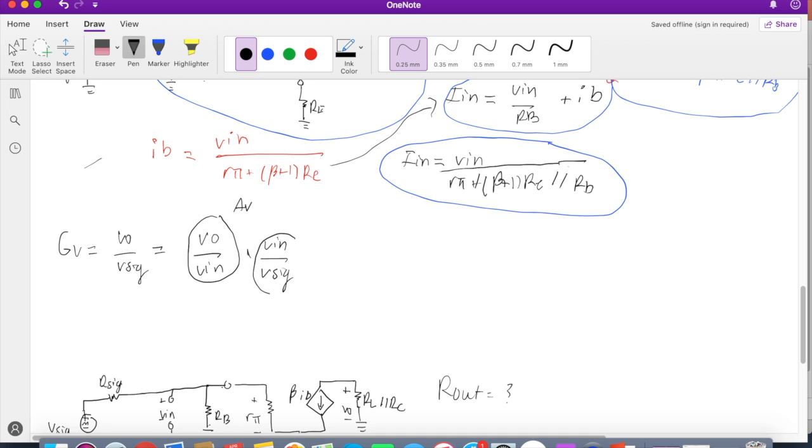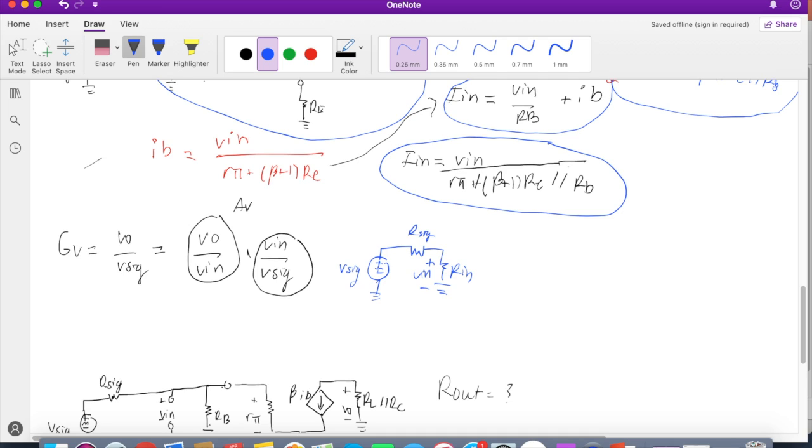And now we can simply find this by performing a voltage division, because now that we have the equivalent circuit, we can write the new circuit as just a simple voltage source in series with R sig and the input resistance. Now we know this is voltage in.